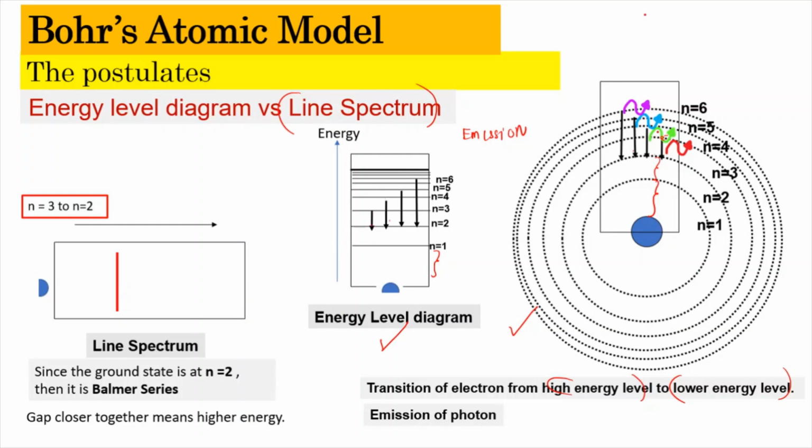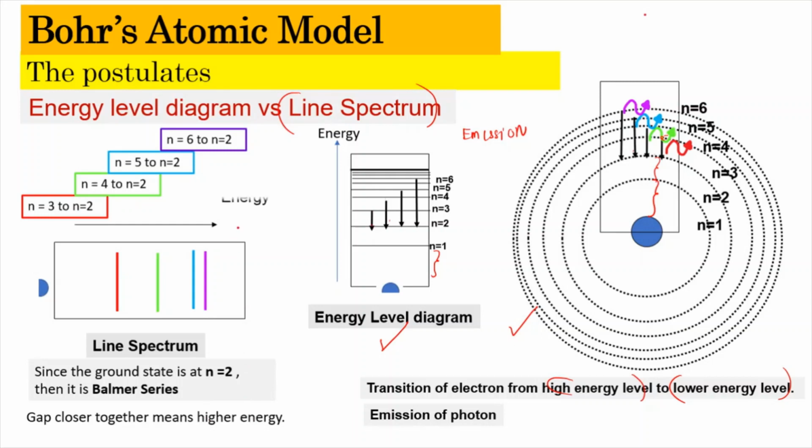Next, for a green color line here, it goes from n equal to 4 to n equal to 2. For the blue one, it goes from n equal to 5 to n equal to 2, so you're going to create another line. And lastly, you have n equal to 6 to n equal to 2, and you create another line here. Similarly as before, when the gap gets closer, it means that the lines get closer and closer to each other, which refers to a higher energy region.